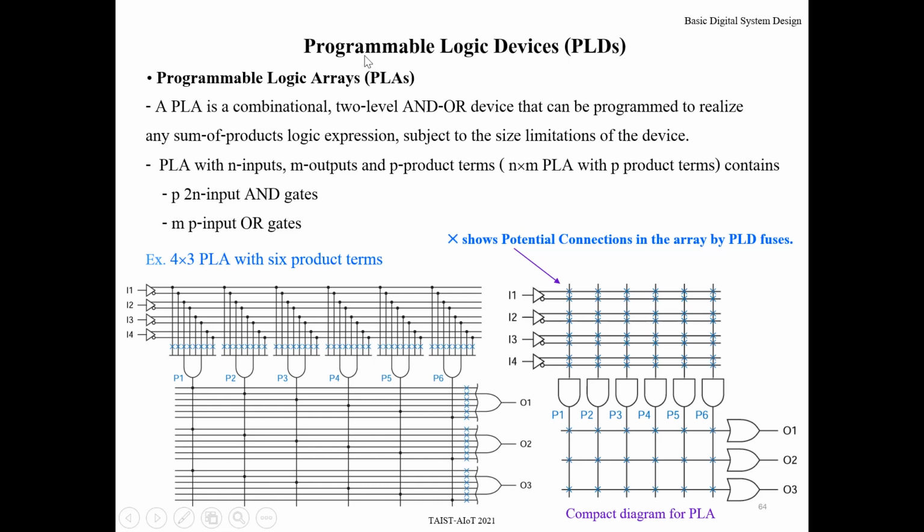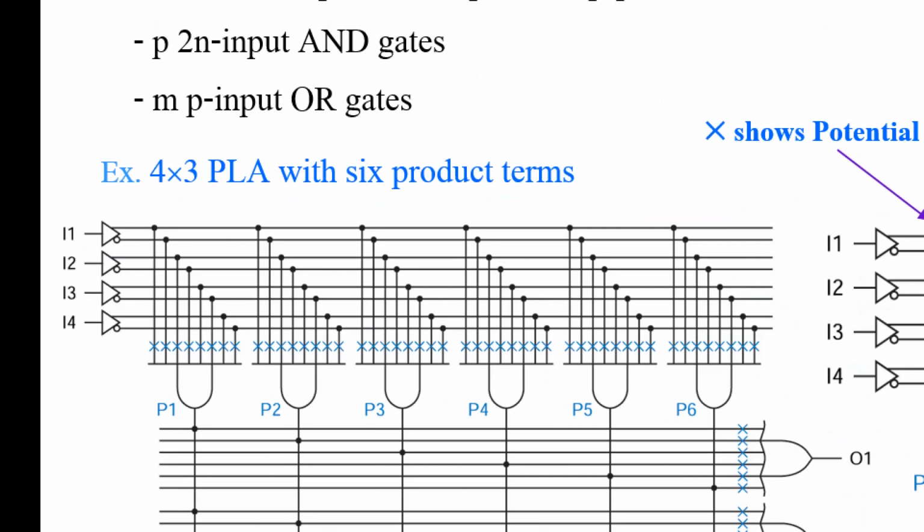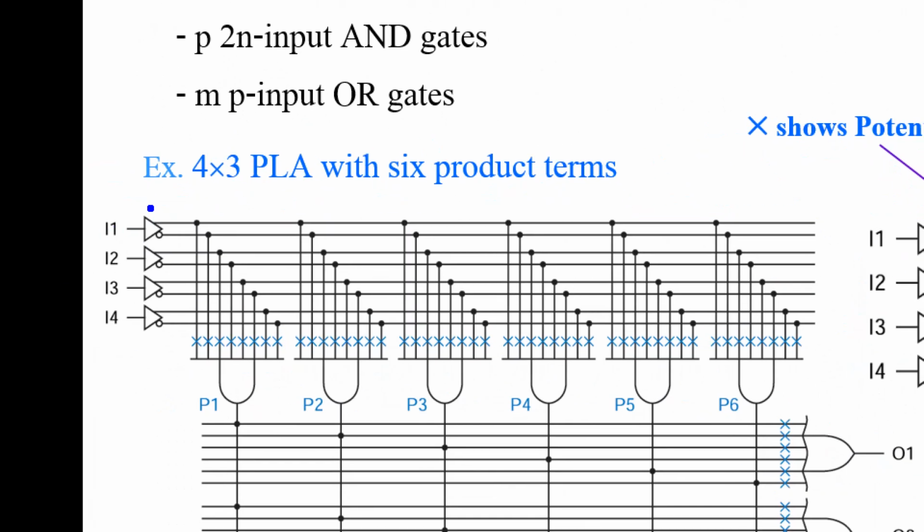We're talking about programmable logic devices. The first one is PLA, programmable logic arrays. This one is composed first of the input with this buffer. There are two outputs, active high and active low.